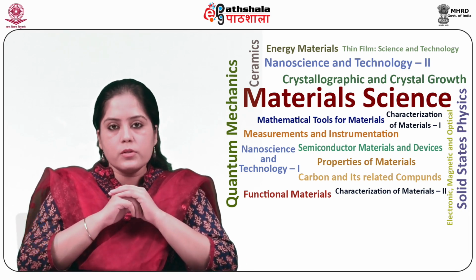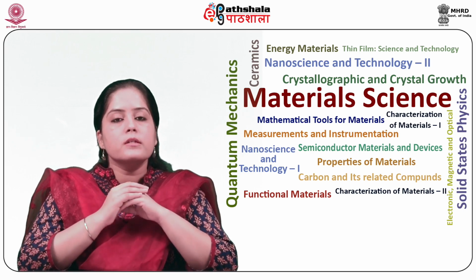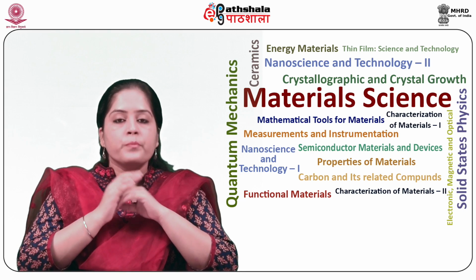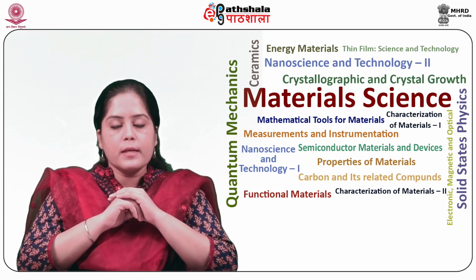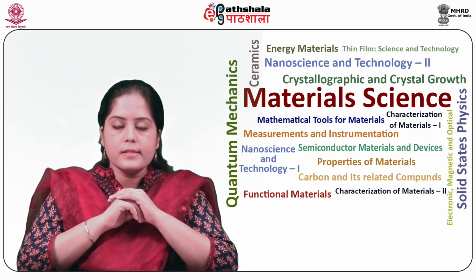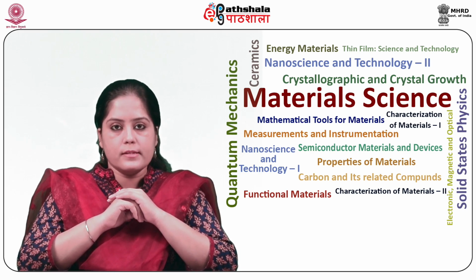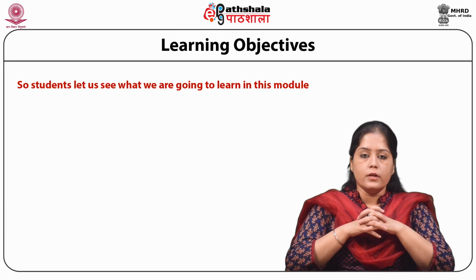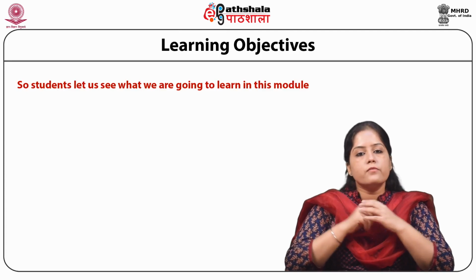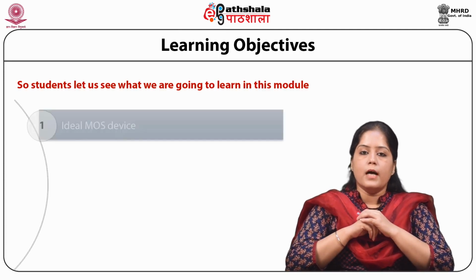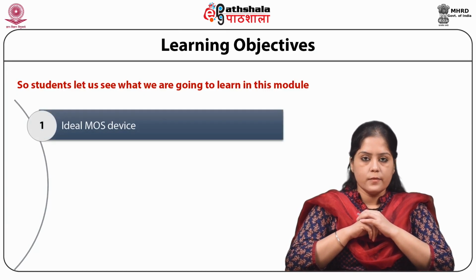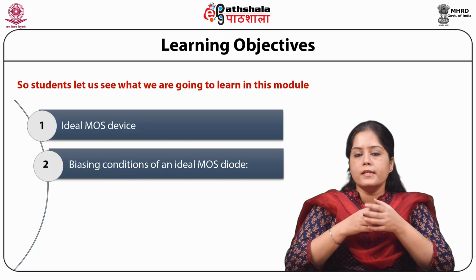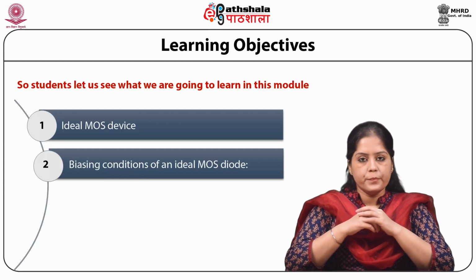Today we are going to discuss the module MOS capacitors from the paper Semiconductor Materials and Devices. The learning objectives of this module are: first, we will be discussing the ideal MOS device. Second, the biasing conditions of an ideal MOS diode.